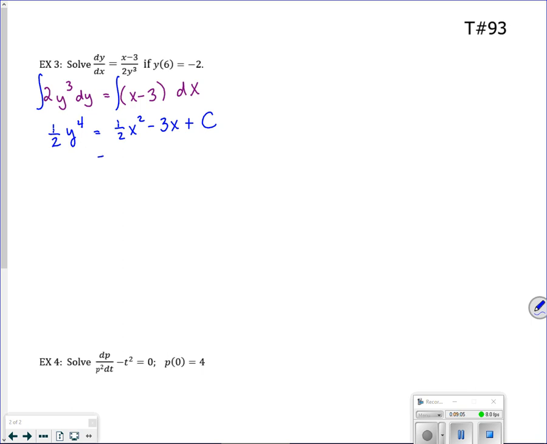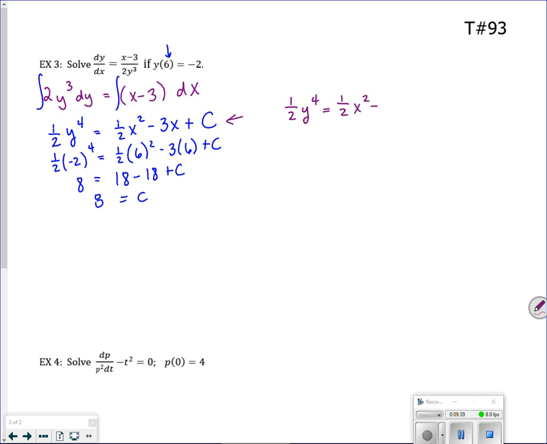So that means if I put in 6 for x, I should get out -2 for y. So that's 16, that's 8, that's 36 divided by 2 is 18 minus 18 plus c. So c is equal to 8. So where do I go back? I go back right here into that line.